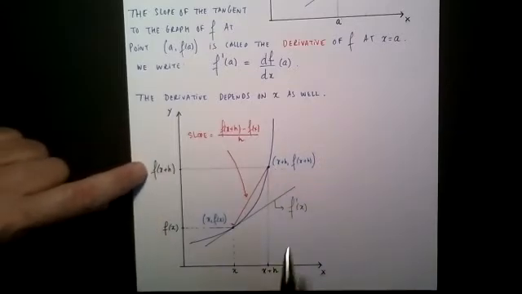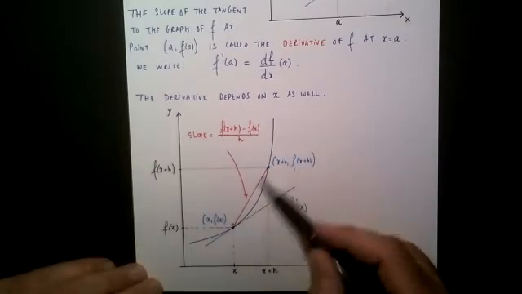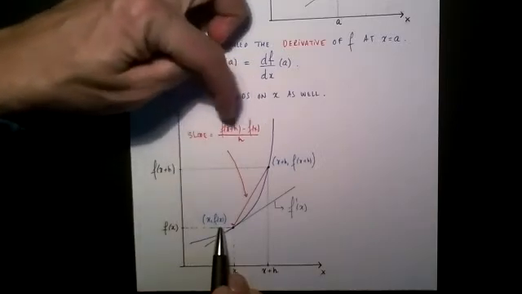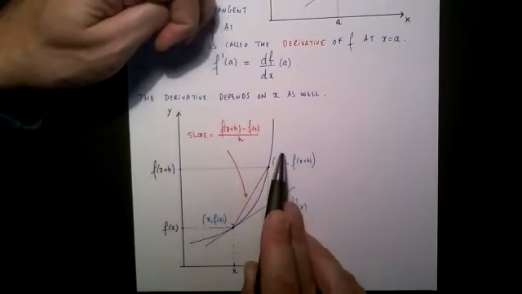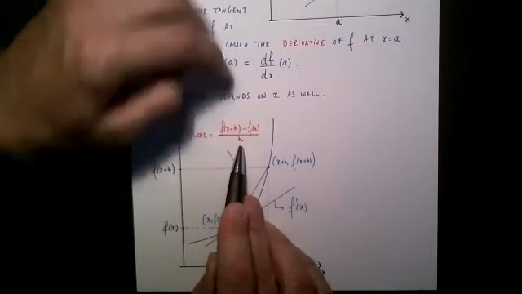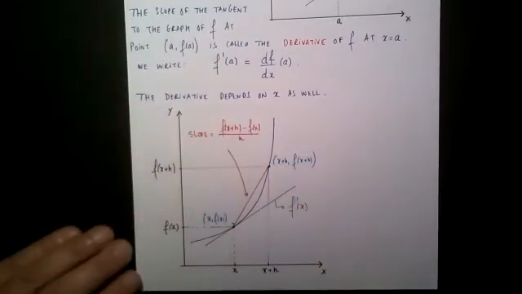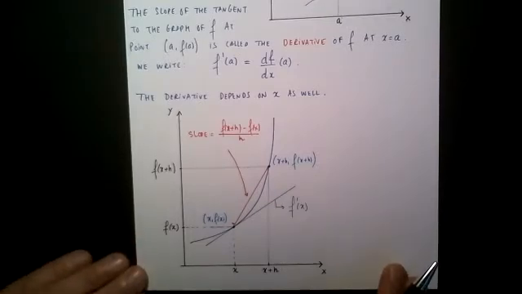Then I could find the slope of the line connecting these two. y2 minus y1, divided by x2 minus x1, so x plus h minus x, which is h. And so this formula here gives me the slope of the red line. Should I repeat again? Anyone?